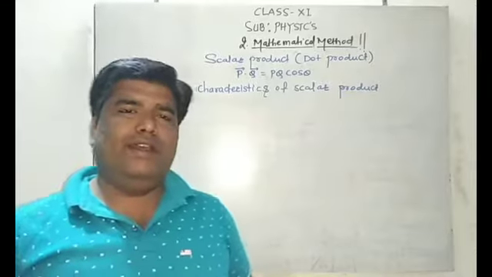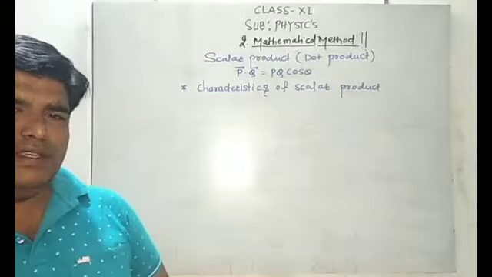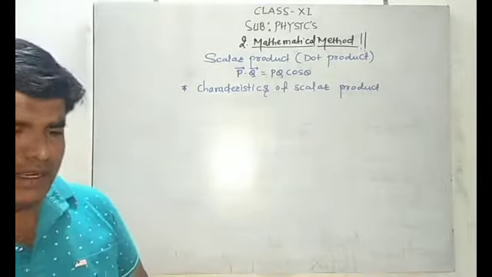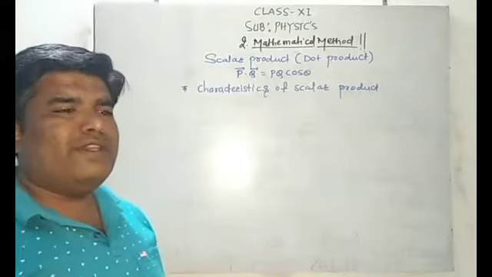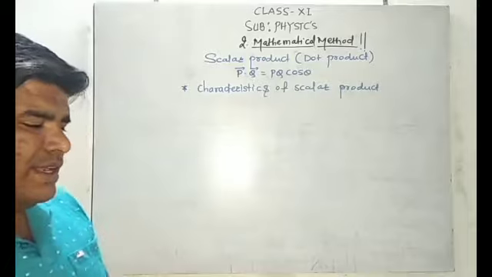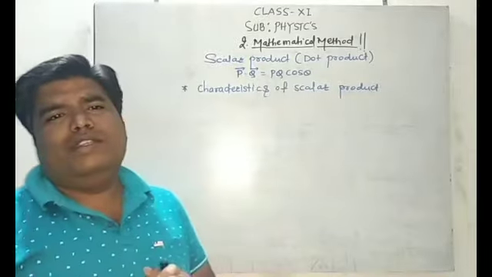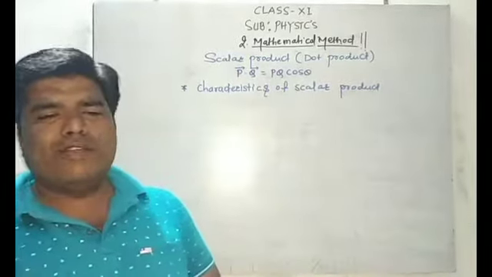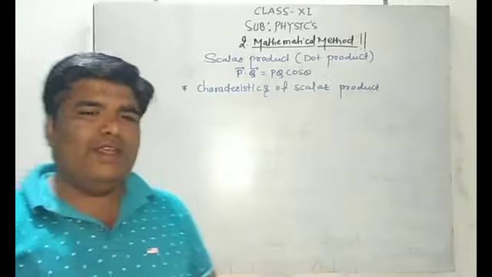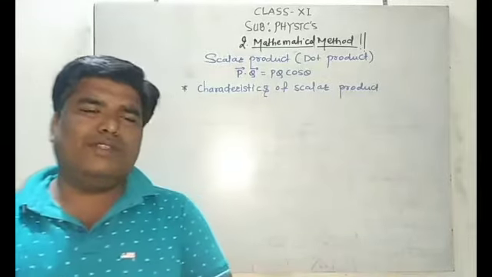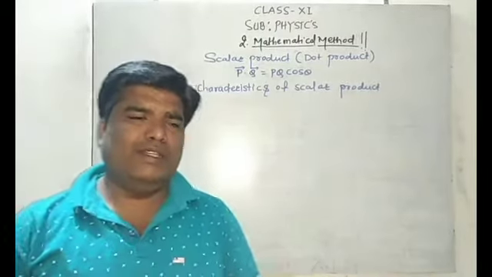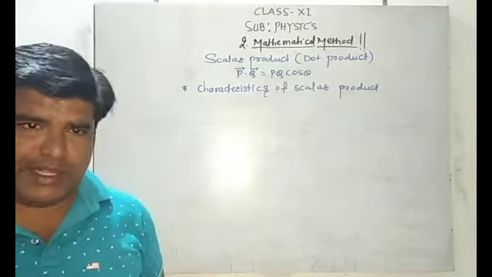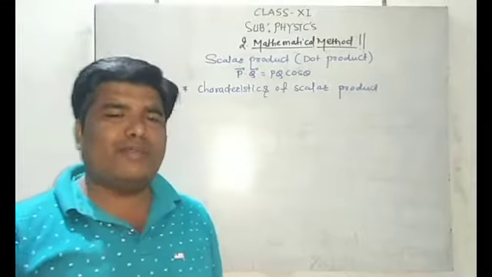And in the earlier class, we discussed the multiplication of vectors. There are two ways by which we can multiply vectors. The first is the scalar product and the second is the vector product. Why is it called a scalar product? Because when we multiply two vectors with each other and the product is a scalar quantity, it is called a scalar product.